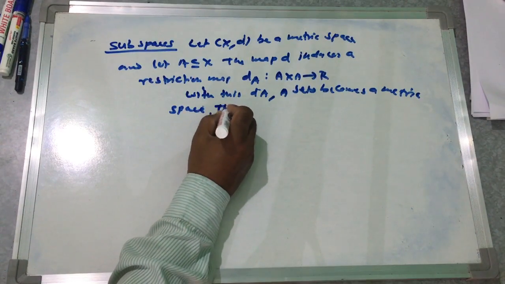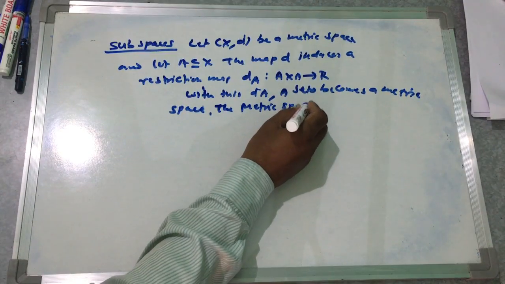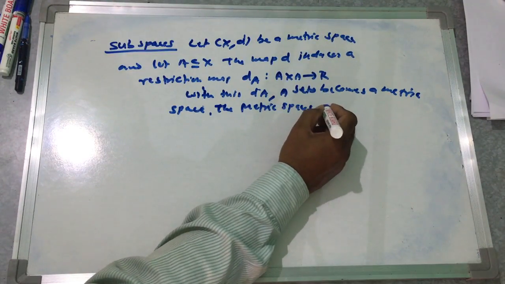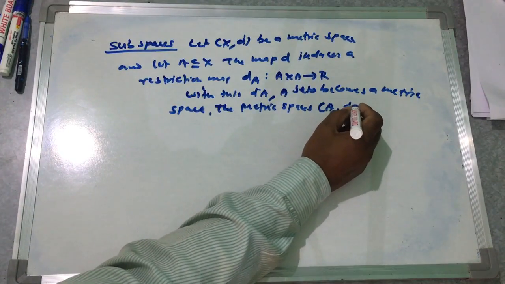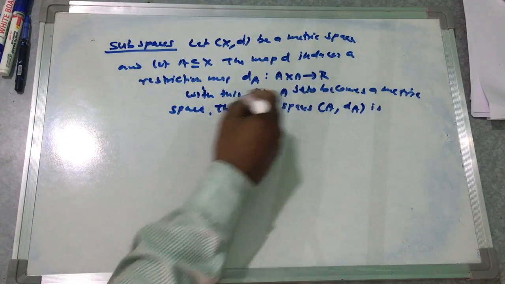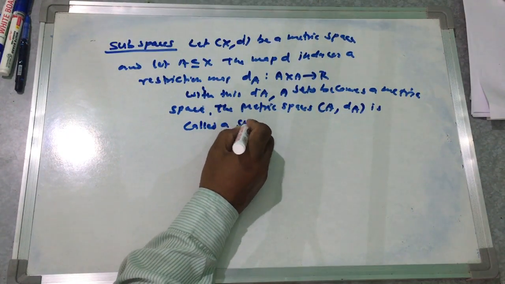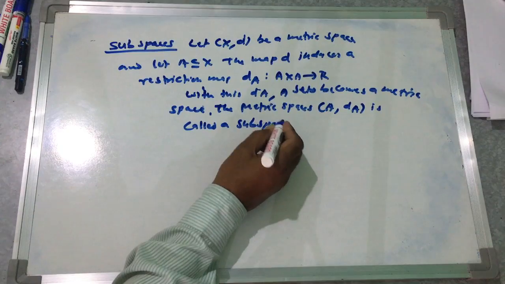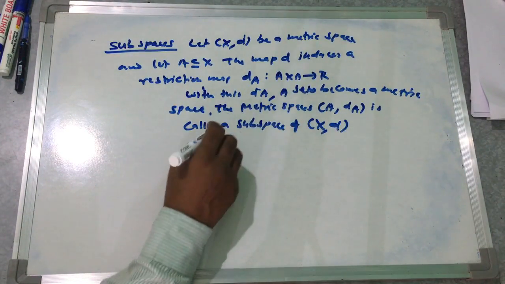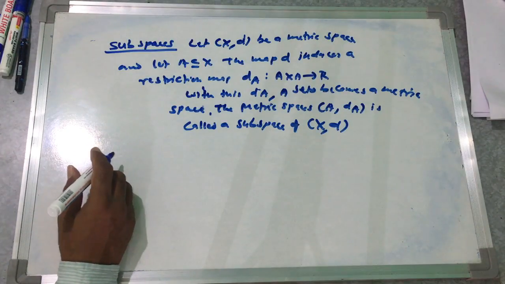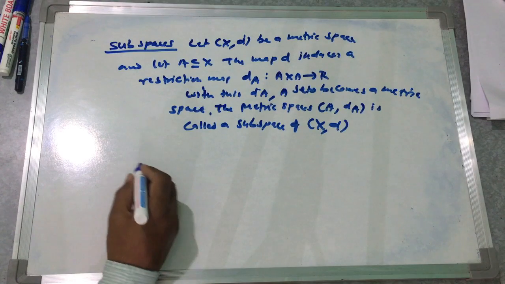The metric space (A, d suffix A) is called a subspace of (X, d).